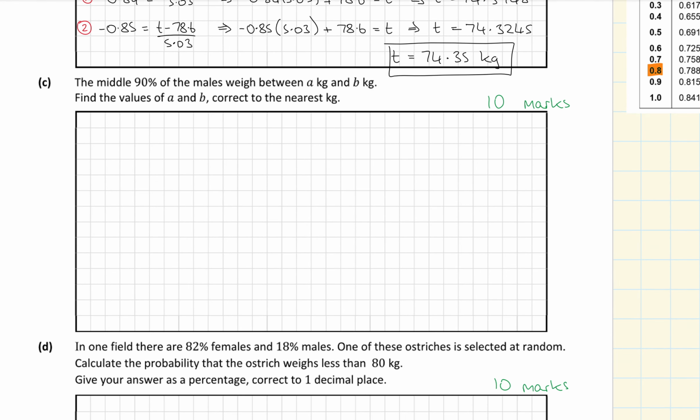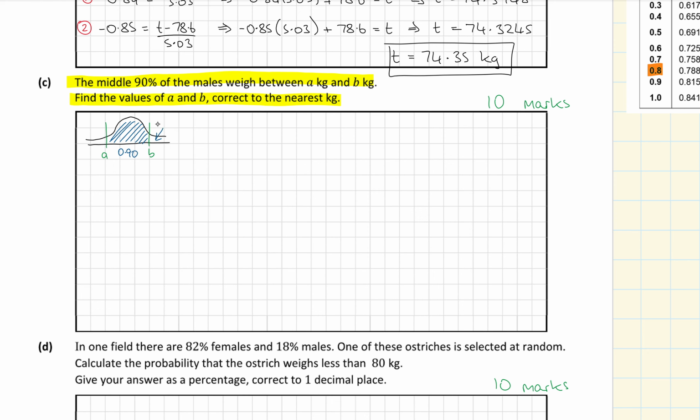Okay, part C, they tell us the middle 90% of the males weigh between A and B. Find the values of A and B correct to the nearest kilo. Okay, we're going to draw a quick sketch. So we're between A and B, and they tell us that this here is going to equal 0.9.